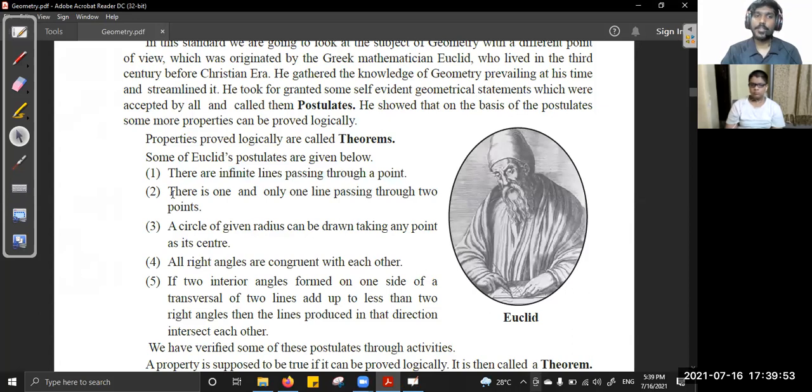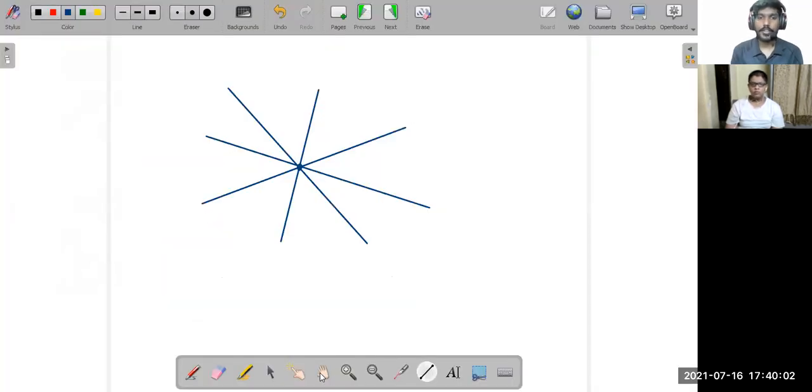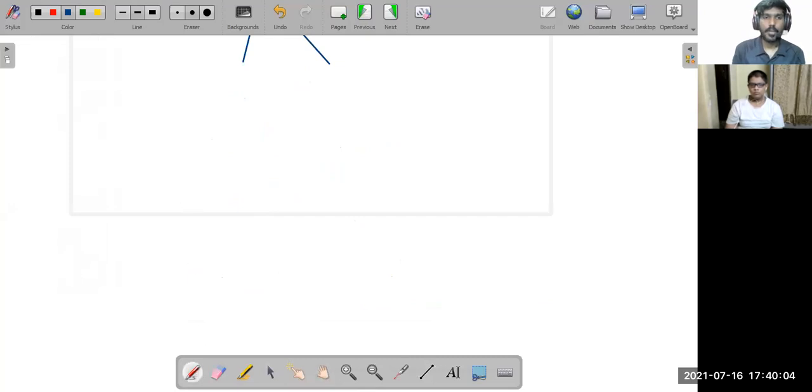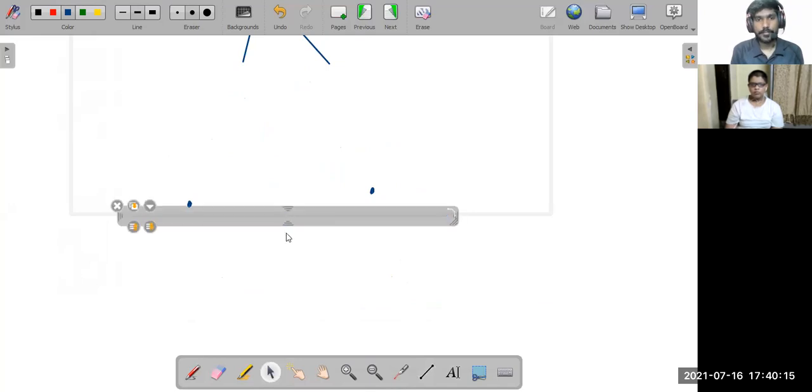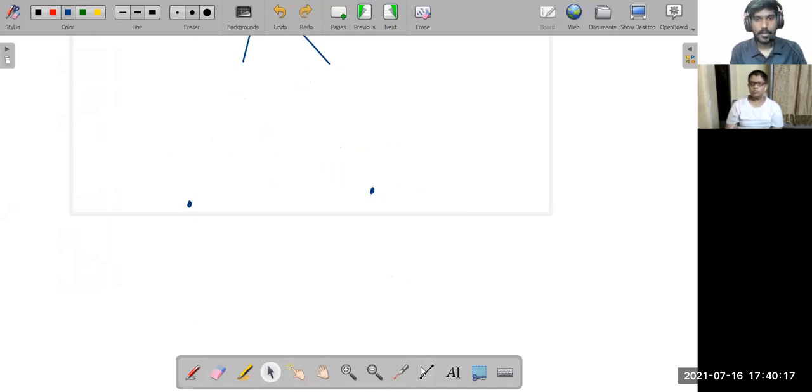The second one says there is one and only one line passing through 2 points. If you have 2 points, one here and one here, through 2 points you can pass one and only one line, not more than that.